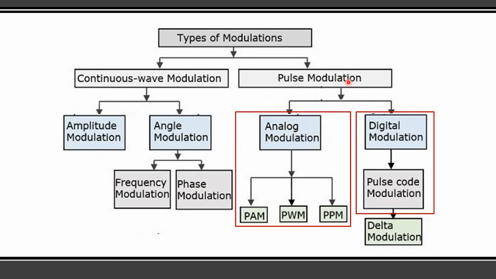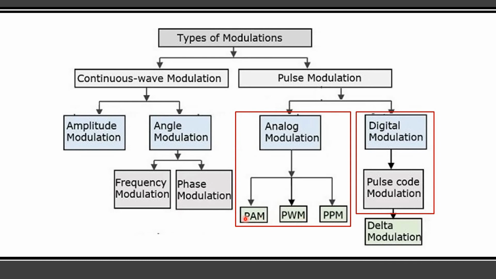Now in pulsed modulation, two different types of pulse modulation techniques are available. One is called the analog pulse modulation technique, another is the digital pulse modulation technique. In the analog pulse modulation technique, there are three categories: pulse amplitude modulation, pulse width modulation, and pulse position modulation.